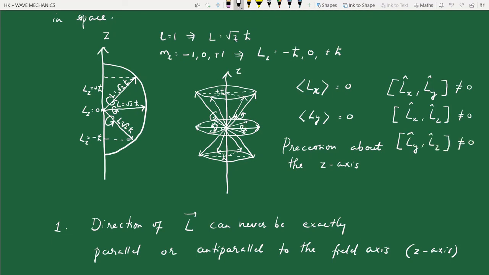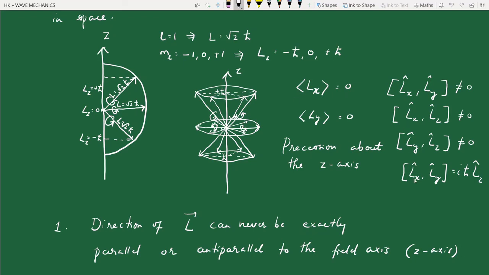Earlier we have seen their commutation rules. The commutation rules are like this: [Lx, Ly] is equal to i h cross Lz. These are not Heisenberg commutation rules; they are different, because they are not canonically conjugate variables.